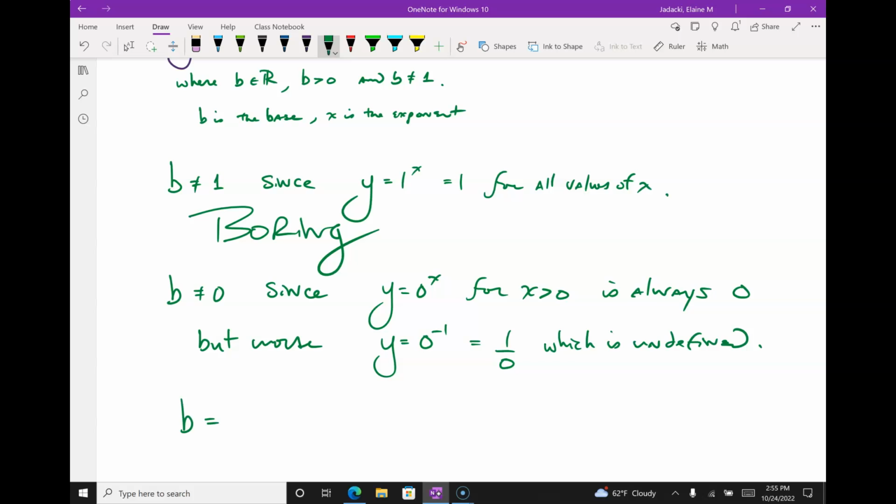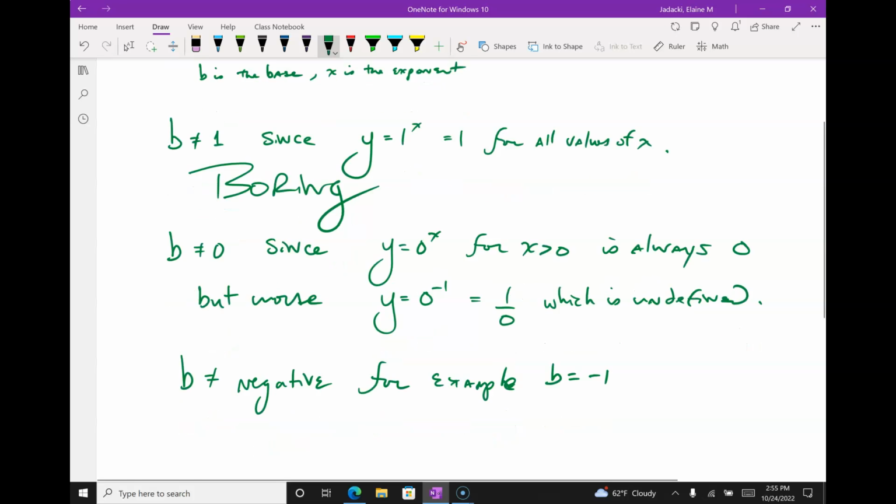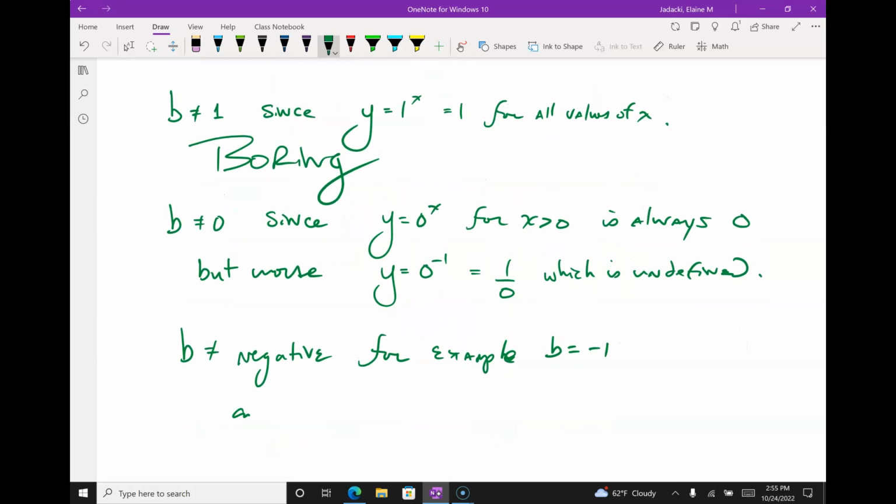B cannot be negative, for example. But worse, y equals negative 1 to the 1/2 is what?